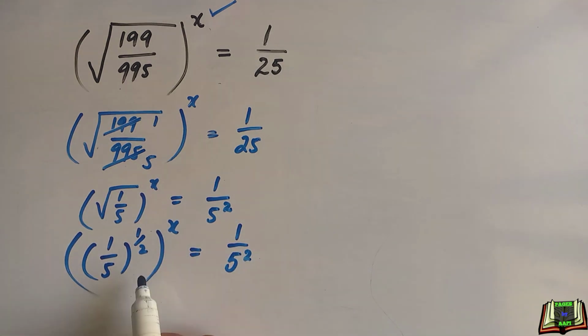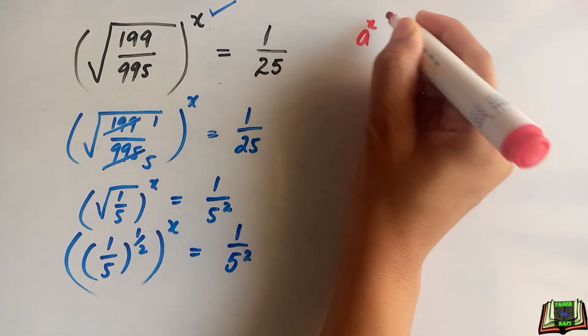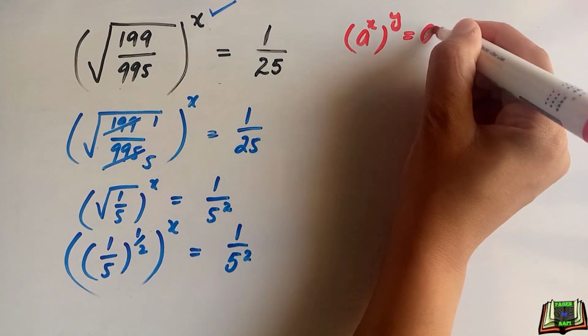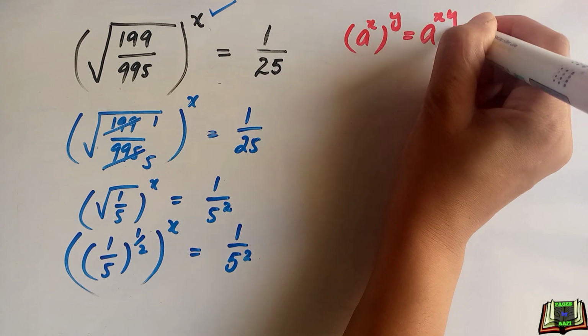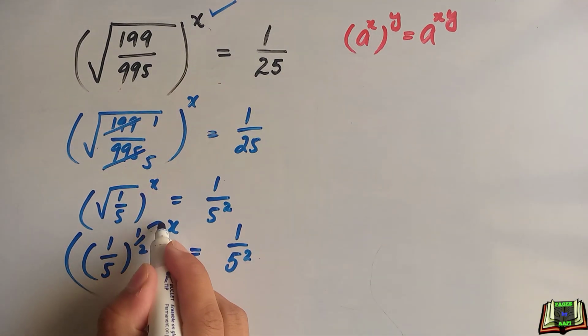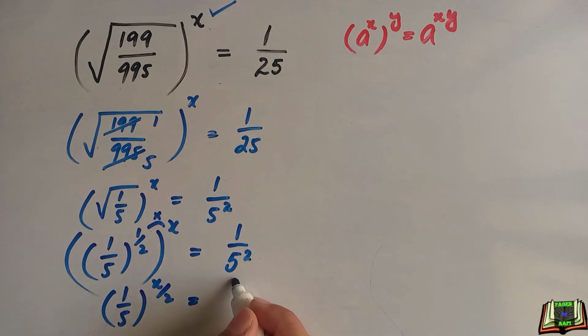Here we are going to use the power of a power rule, that is the rule of exponent, that says if a to the power x to the power y, then this is nothing but a to the power xy, which means we can multiply the power of power. So we are going to multiply these two powers. 1 over 5, 1 times x is x over 2, is equal to 1 over 5 to the power 2.